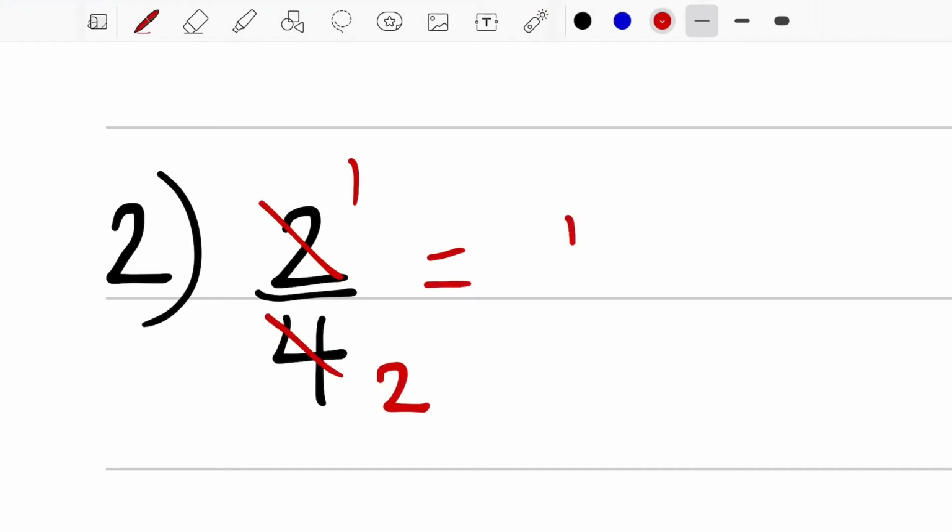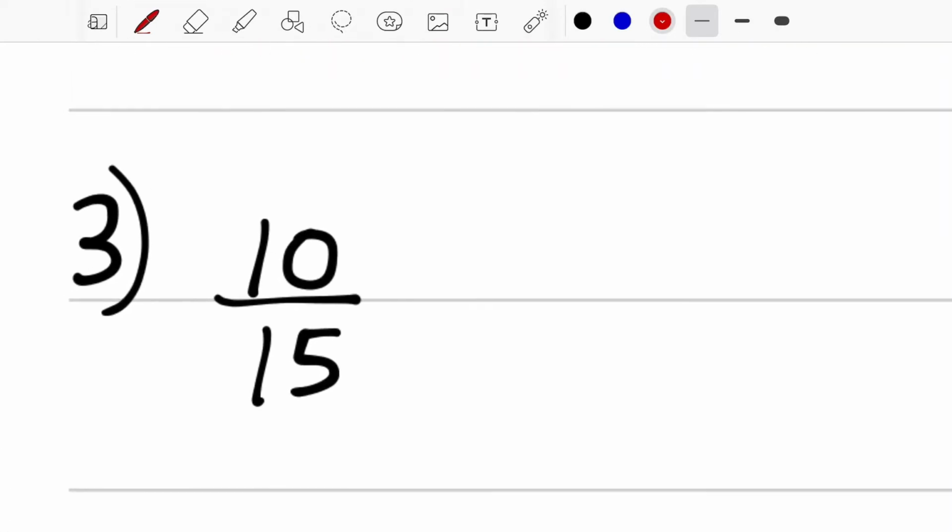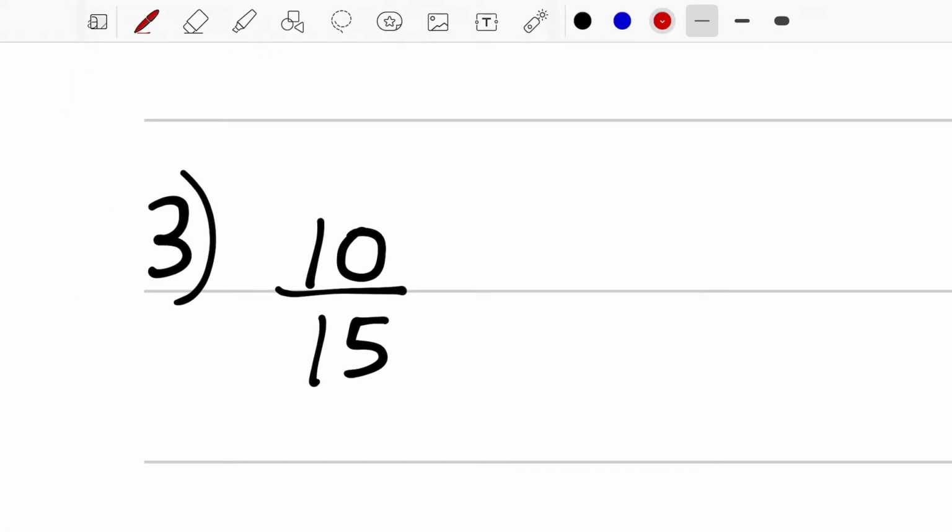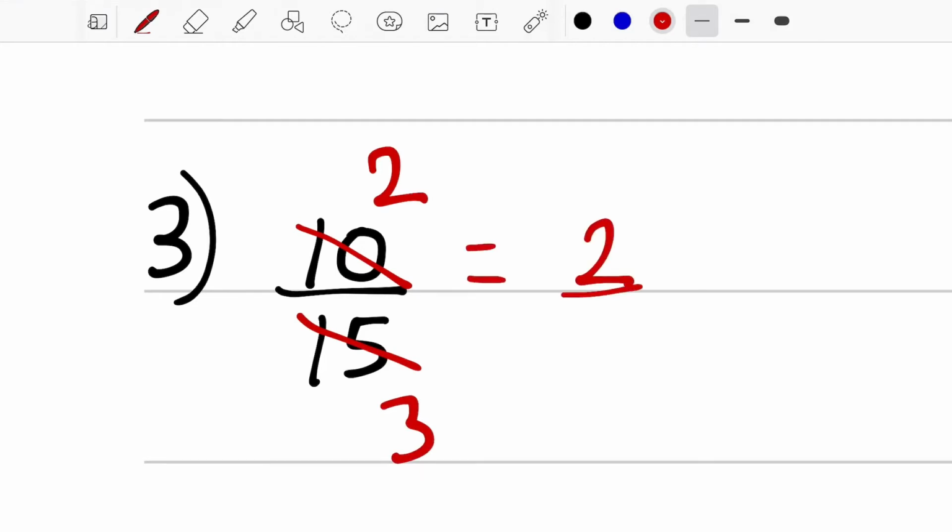So the answer is 1/2. 3. What number can go into 10 and 15? 5. 5 is the only number. 5 into 10 is equal to 2. 5 into 15 is equal to 3. So that would be 2/3.